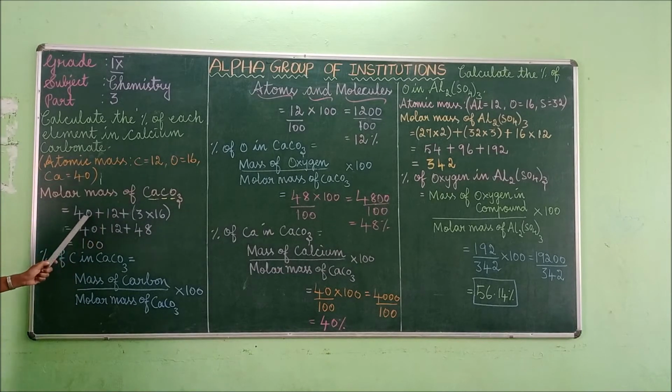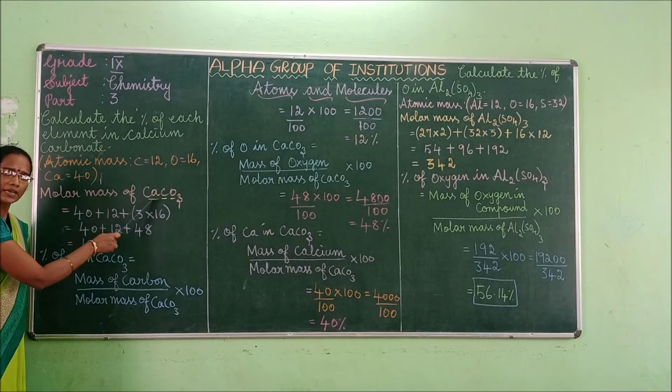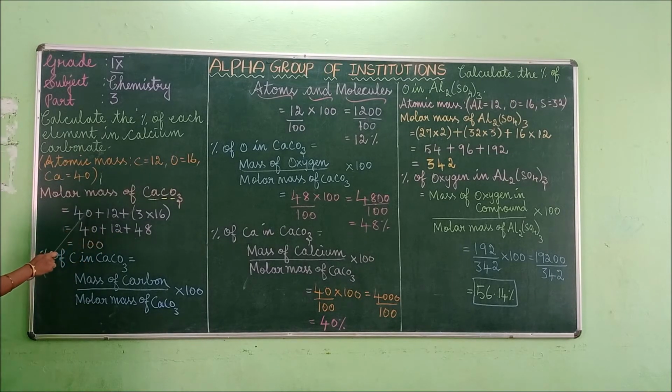So next step we have to find out the molar mass, isn't it? First we have to find out for the calcium element. So what is the atomic mass of calcium? It is 40. First Ca, so put 40 plus the carbon atom.